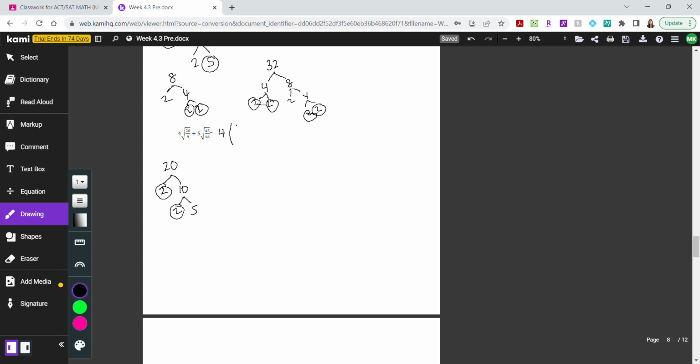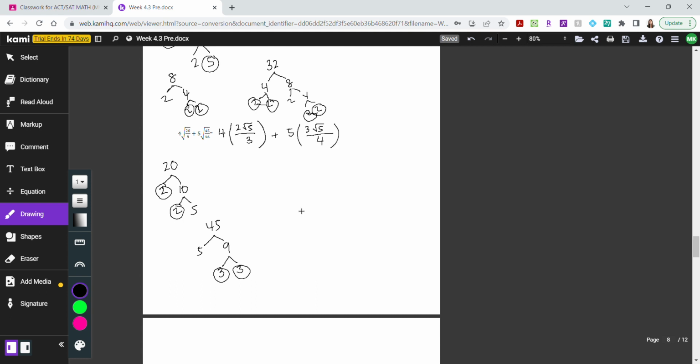We're going to get 2 square root 5 divided by 3, because of the 9, close parentheses, plus 5. Let's see what we can get with 45. There we go. So with 45, we will get 3 square root 5 divided by, and then square root of 16 is 4.